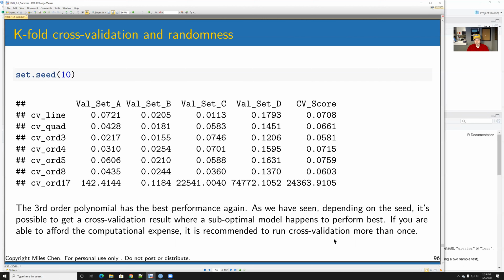To sum it up, it's possible to get different cross-validation results where a suboptimal model happens to perform best. If you're able to afford the computational expense, it's recommended to run cross-validation more than once, but sometimes you aren't able to, especially if you have a giant data set.